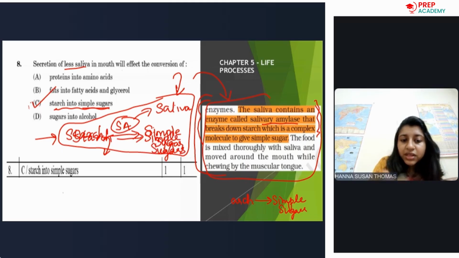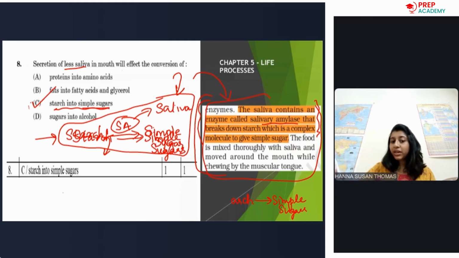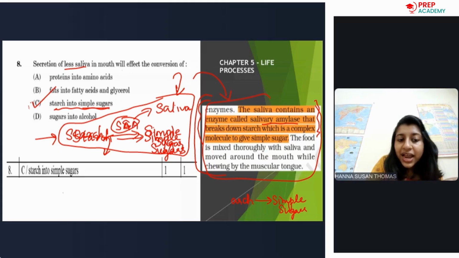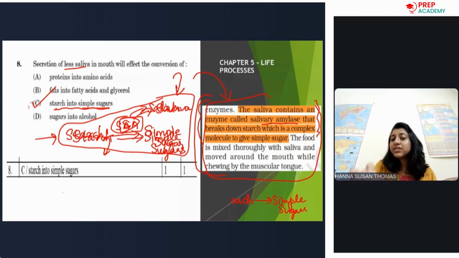Right. So starch can be easily broken down into simple sugars with the help of an enzyme called salivary amylase, and this salivary amylase is present in saliva. That is the understanding you can get from this statement given in your textbook, right?